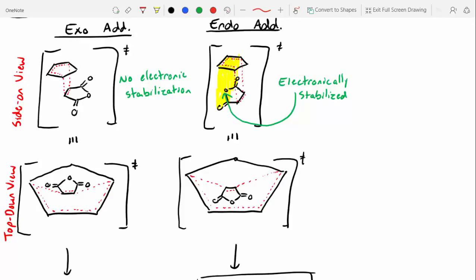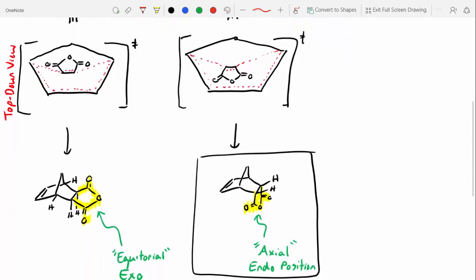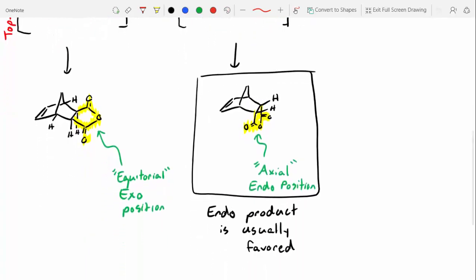The endo addition is normally favored due to this electronic stabilization that occurs. You can draw this using a few different views. You can do the top-down view, you can do the side view, but make sure that you clearly show stereochemistry for these. All right, now I've got another warm-up problem for us.